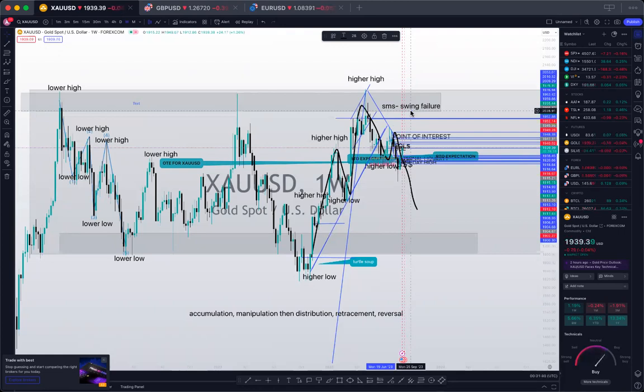For using SMC, we'll only be considering 50% and 79%. Okay, let me just say 50, 70, and 79. Those are the ones we're going to be using. For synthetic traders, you can use the 38, the 61, the 50. 50 doesn't really work in 30, use the 38, use the 61, it works, and sometimes 70.